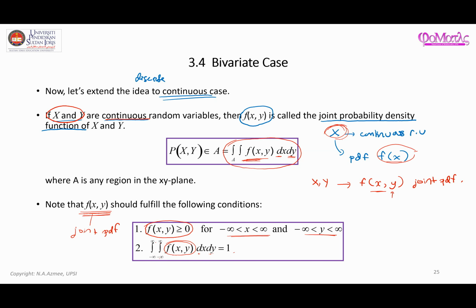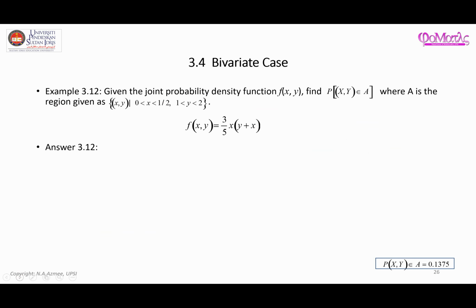Now we're going to look at a simple example. The answer is already given at the bottom. It says: given the joint probability density function defined as such, find the probability of x and y in region A. A is the region defined as x between 0 and a half and y between 1 and 2.